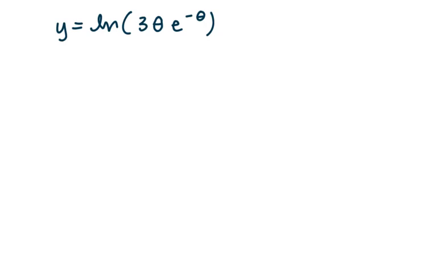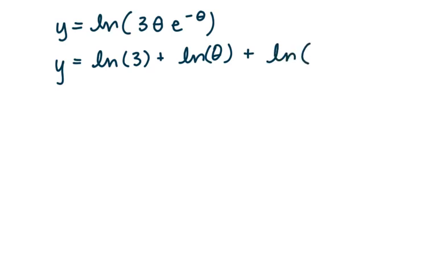So one thing that we know is that if we have the log of a product, then that can be written as the sum of the log of each of those factors in the argument. That's the natural log of 3 plus the natural log of theta plus the natural log of e to the negative theta. So now these are 3 really basic logarithms that we could take the derivative of.